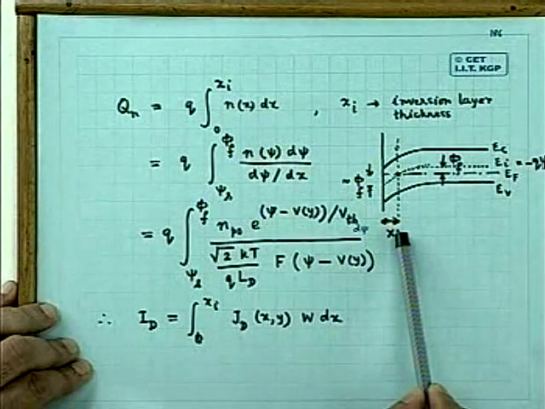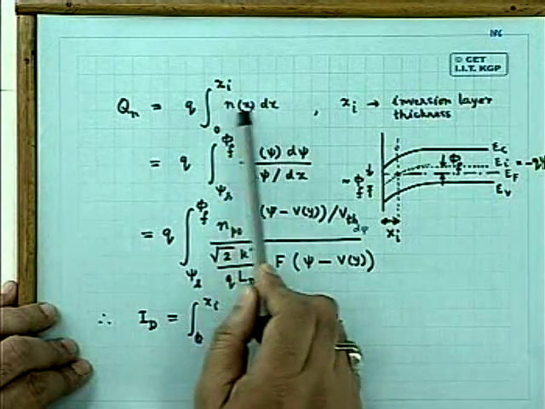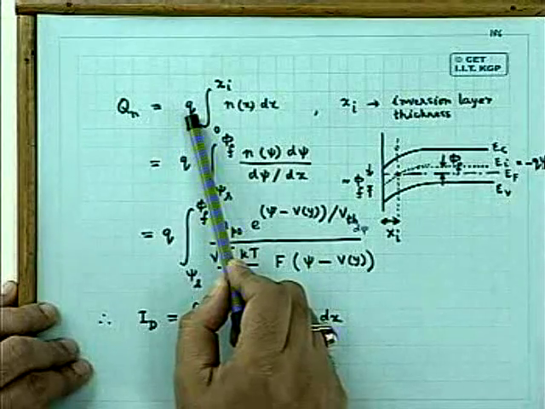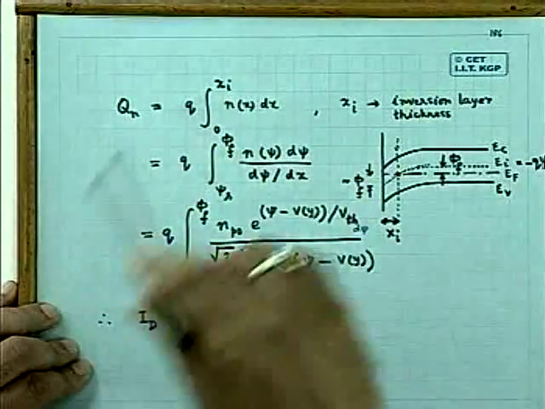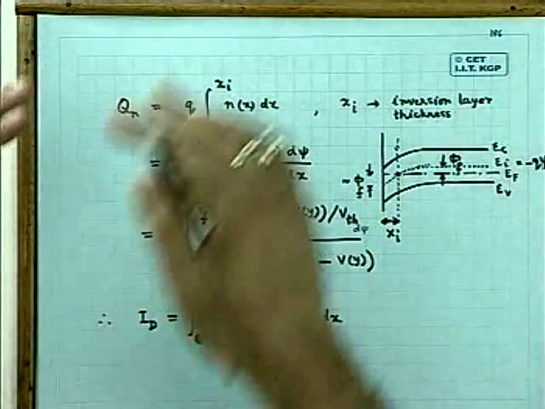That depth I called xi. So I integrate nx dx from 0 to xi and multiply by q, and we get the inversion charge, the amount of charge in the inversion layer per unit surface area.